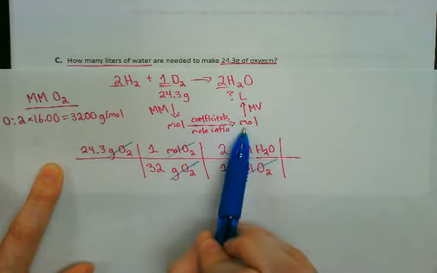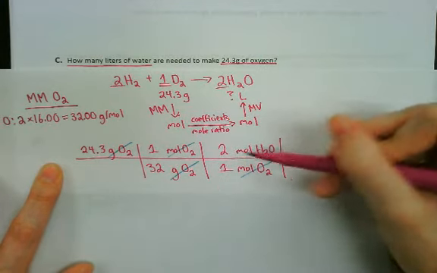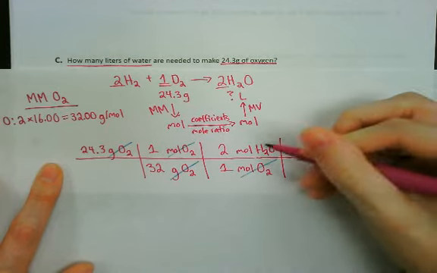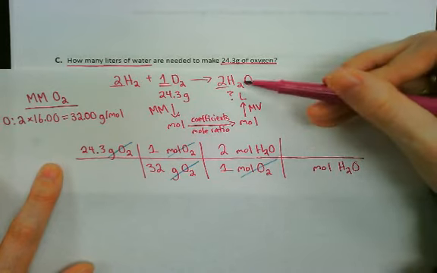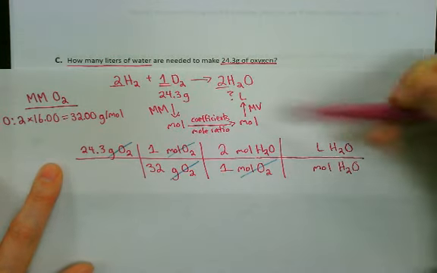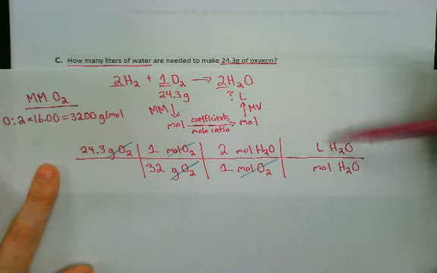We want to do our final step. We want to get to liters of H2O. So we're going to go ahead, take this unit, put it down here. What goes up must come down. And we are going from moles of H2O to liters of H2O, just as our map tells us. And we made ourselves a nice little note here that we need to use the molar volume to get from moles to liters.